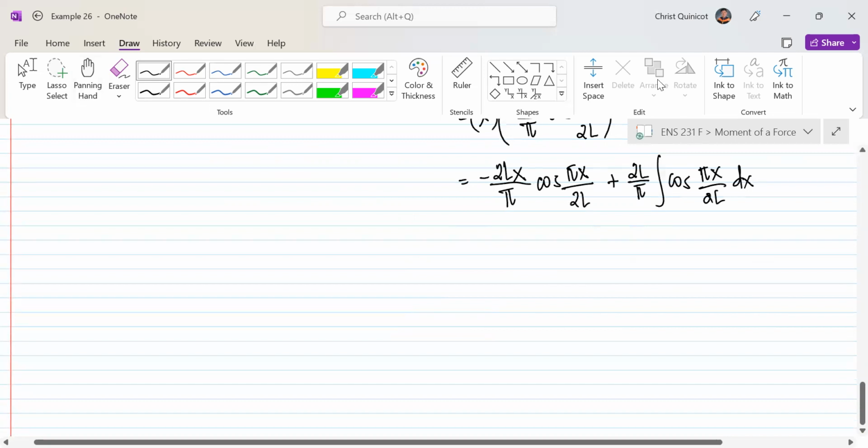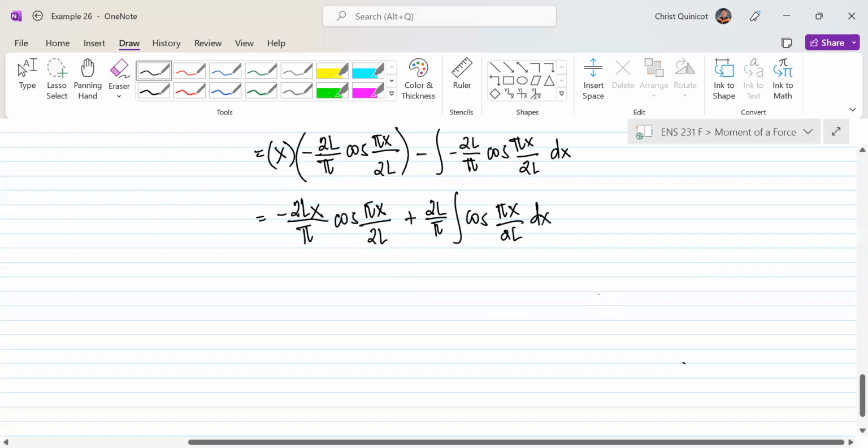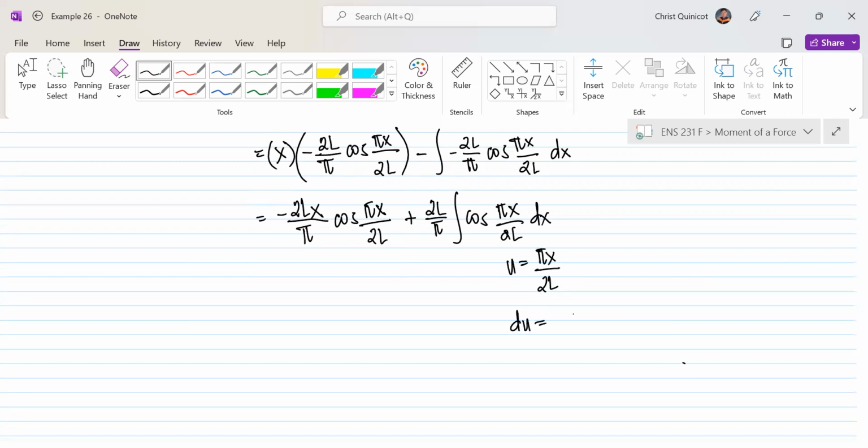Then, let me pan it here. Okay. Then we let, again, u be pi x over 2L, du is pi over 2L dx, which is dx equal to 2L over pi du.